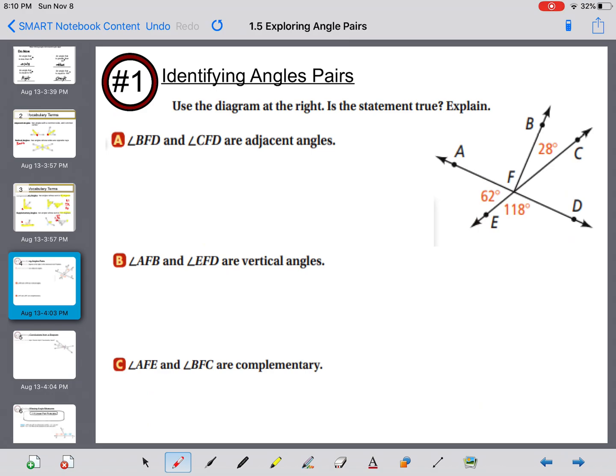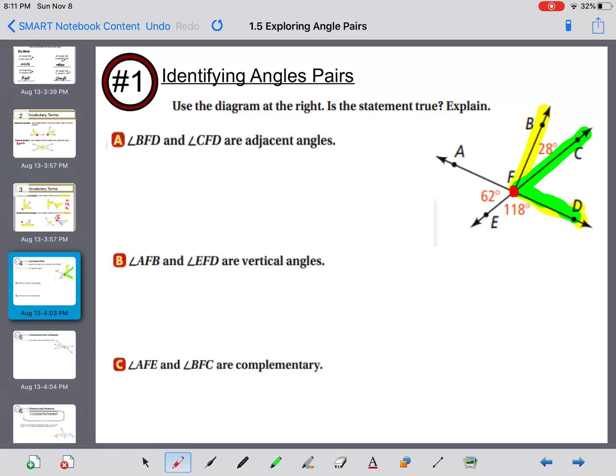So identifying angle pairs says use the diagram at the right. Is the statement true? And let's explain it. Well, angle BFD, so here's BFD, and angle CFD are adjacent. CFD. Well, although they share the same vertex, they don't share the same side.